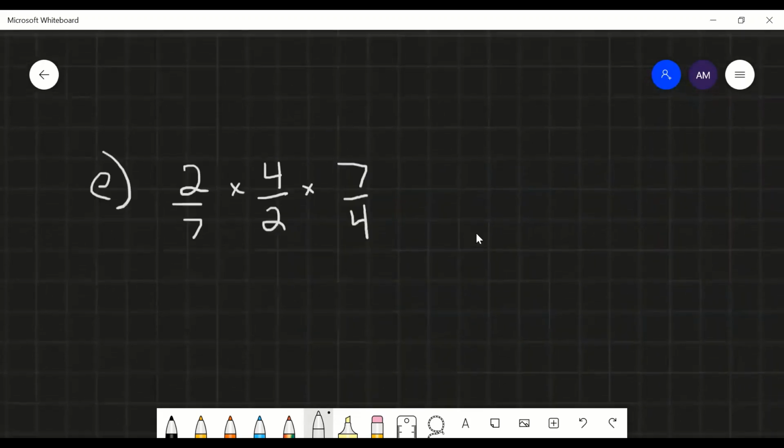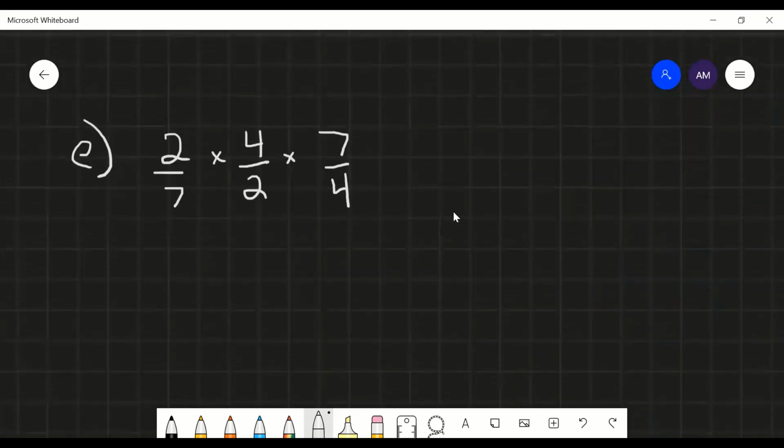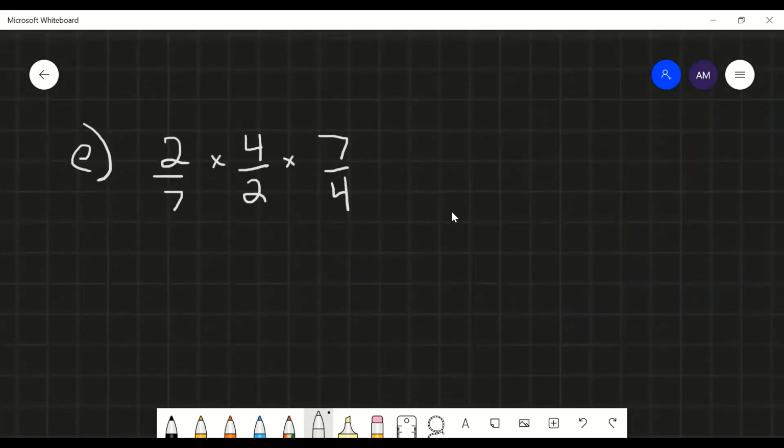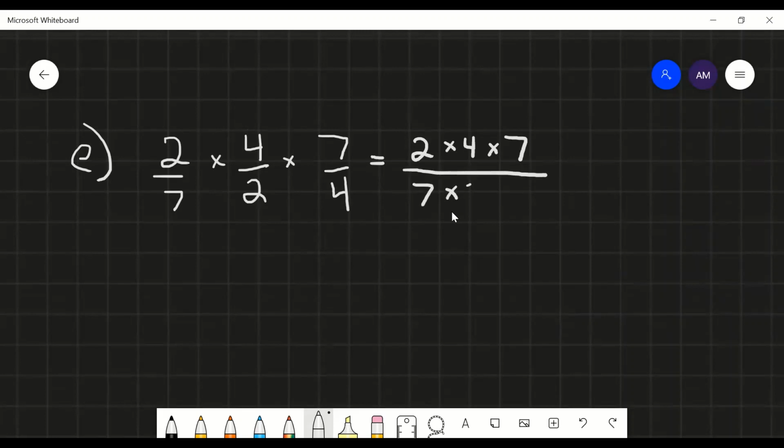Now here's a bit of a harder one, although really it's just the same steps as the ones we just did. When you have multiple multiplications, don't worry. All you can do is multiply all of the numerators together all at once. So 2 times 4 times 7, all divided by 7 times 2 times 4.